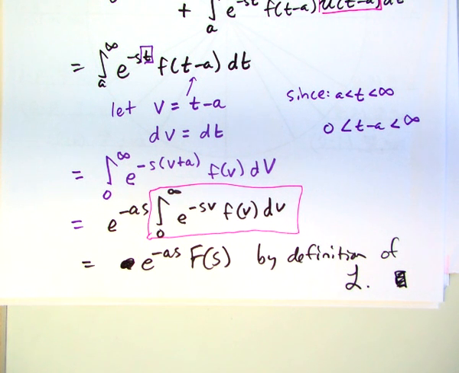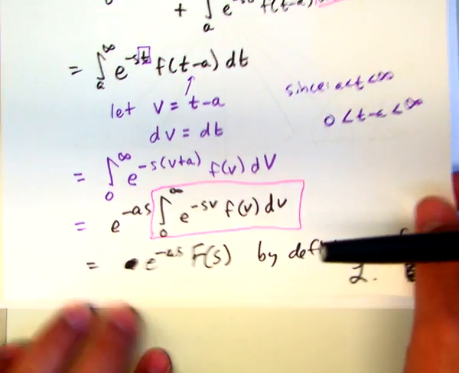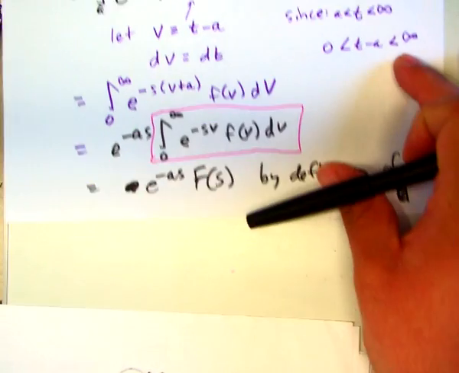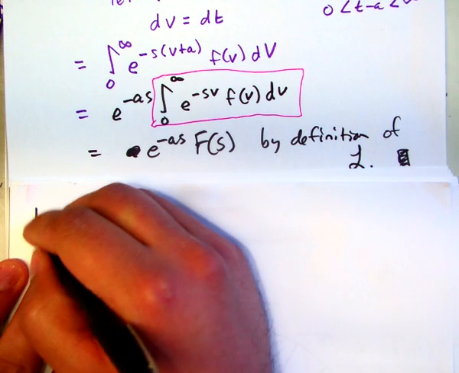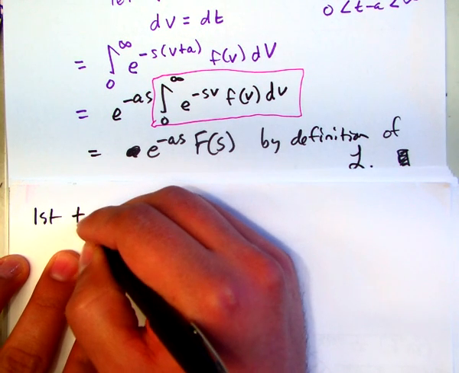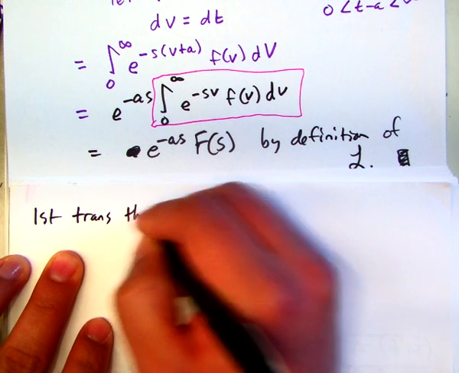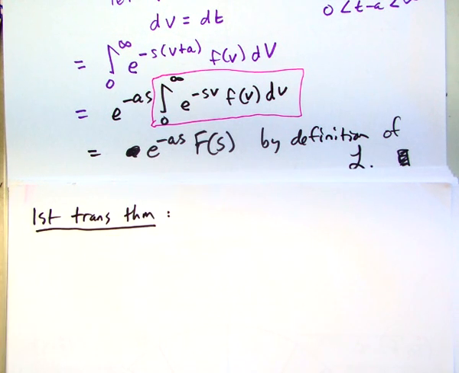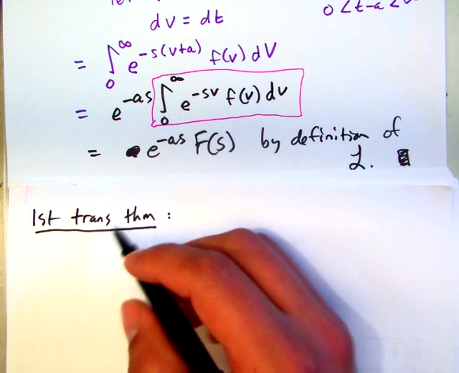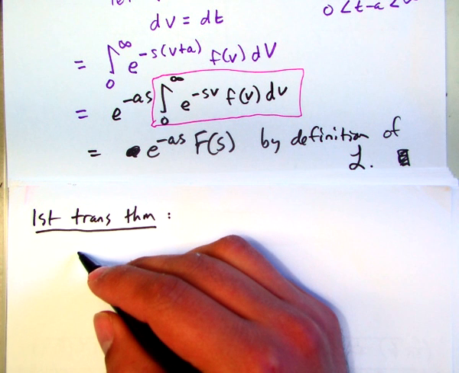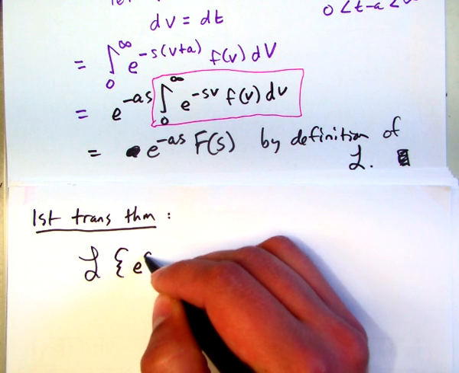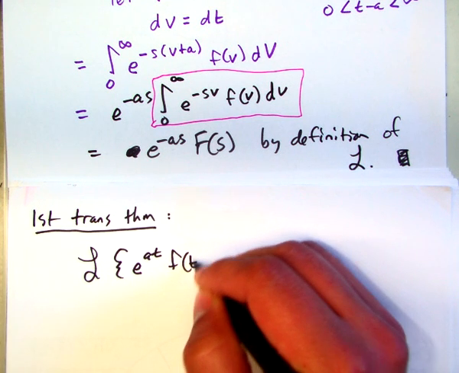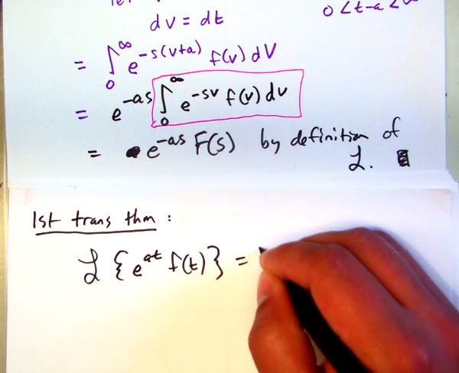Okay, so before we go forward, let's recap the two theorems that we have so far. The first translation theorem was the Laplace transform of e to the at f of t is going to equal capital F of s minus a.